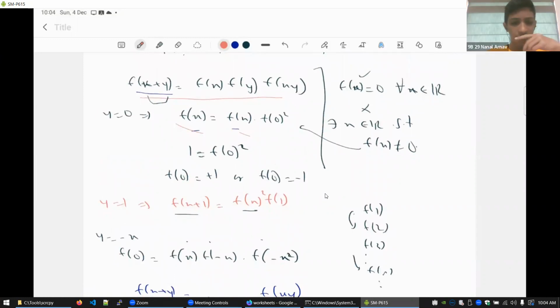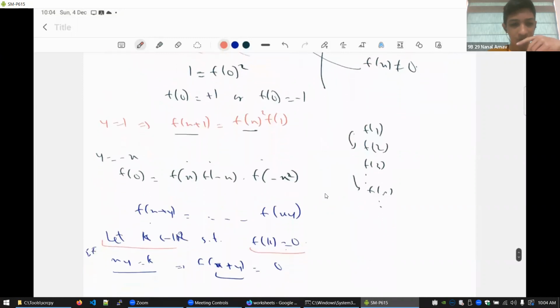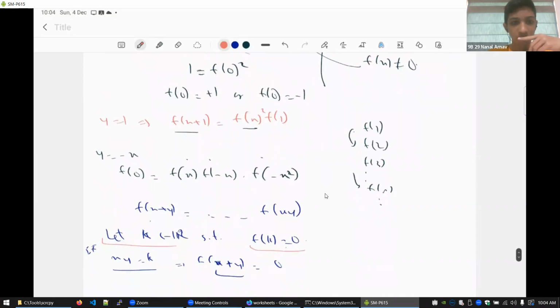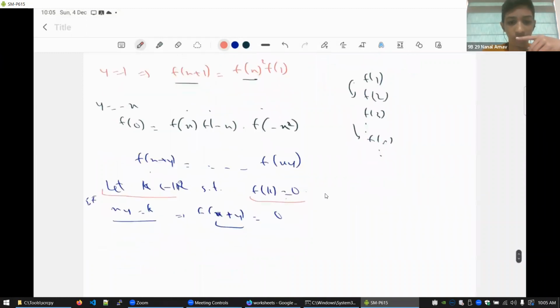Then I think if f of k is equal to 0, then we can show that all real numbers between minus 2 root k to plus 2 root k are 0. Because then x plus y is equal to t and xy is equal to k should have a common solution. So I got that quadratic: u square minus tu plus k is equal to 0 should have a real root.